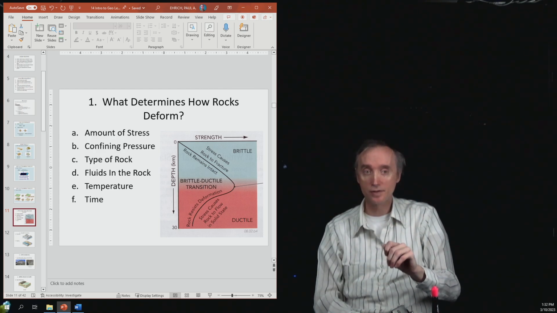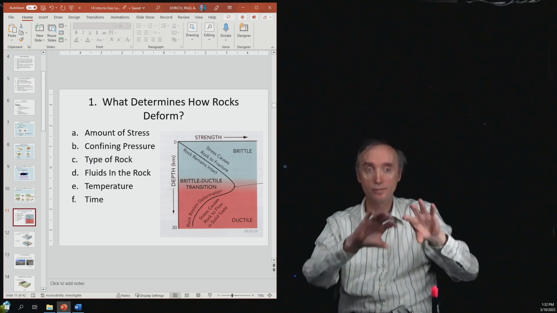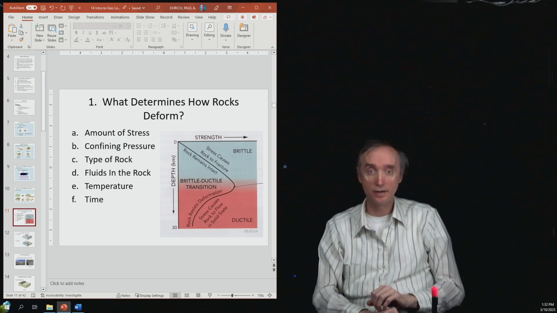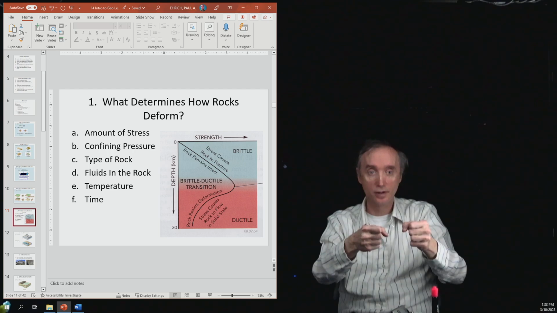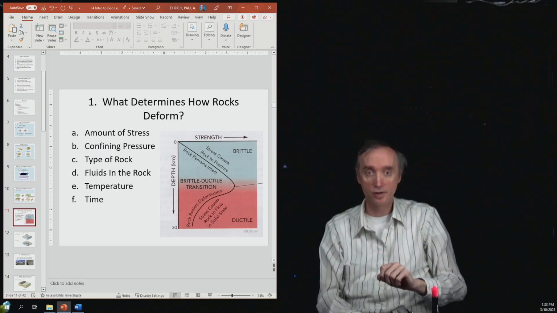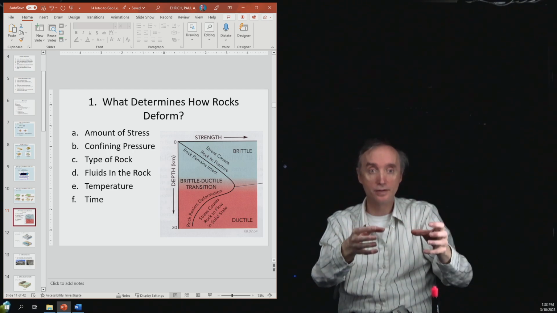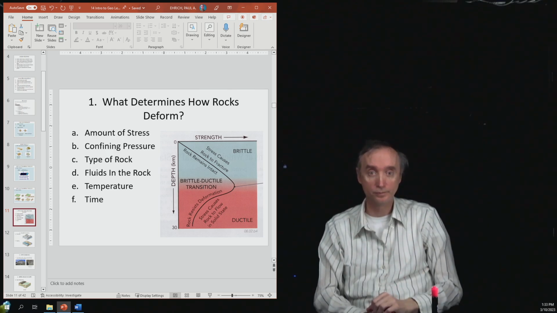And so that means that they're going to be more likely to be able to melt, which means they're going to be more likely to be able to bend than if they're dry rocks. It's also going to depend on the temperature. Under cooler temperatures, rocks are going to tend to break. But under higher temperatures, they're going to tend to bend and they're going to deform.